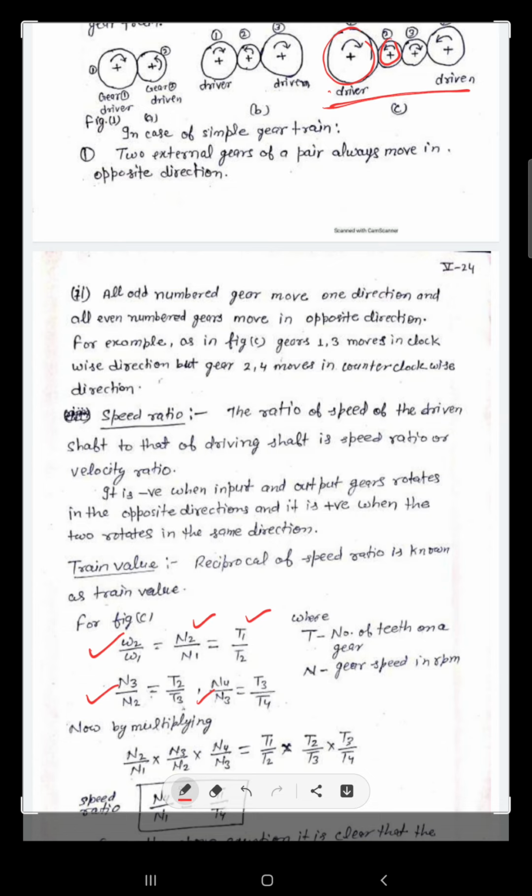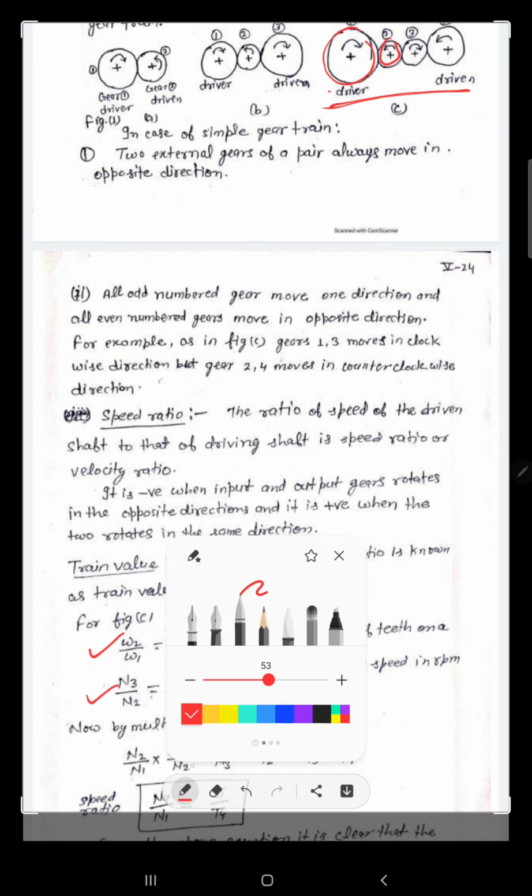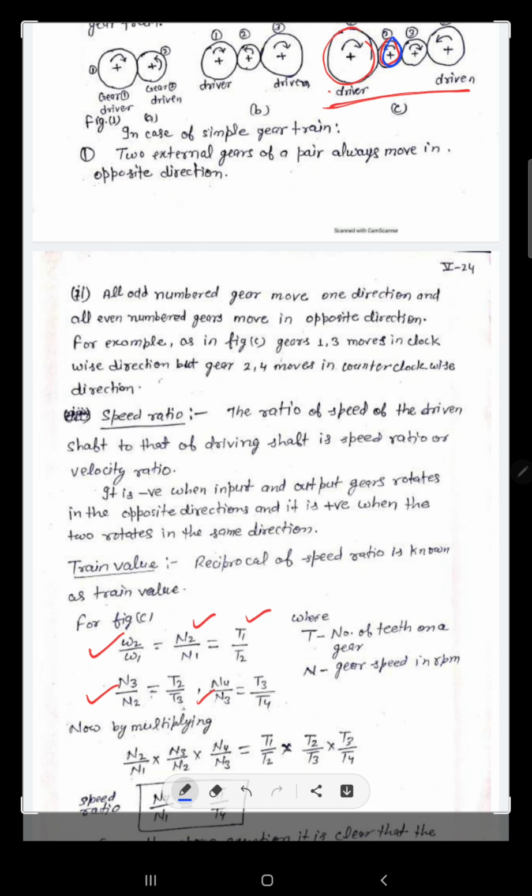For the other combination, gear number 2 and gear number 3, we can write N3 upon N2 is equal to T2 upon T3, and in a similar way for gear number 4 and gear number 3 we can write N4 upon N3 is equal to T3 upon T4.